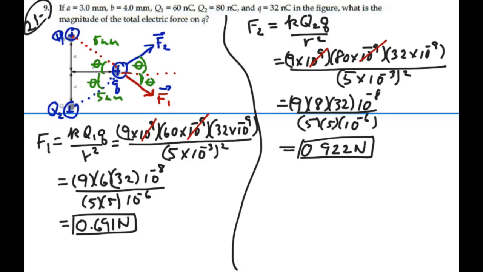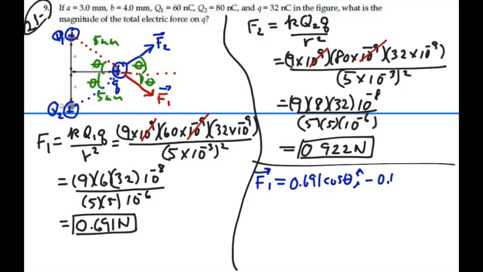And if we were to break these up into components, we would say that force number 1, which is going down in the negative y direction and in the positive x direction, would be equal to 0.691 cosine theta i, this is going to be our vector, minus 0.691 sine theta j.